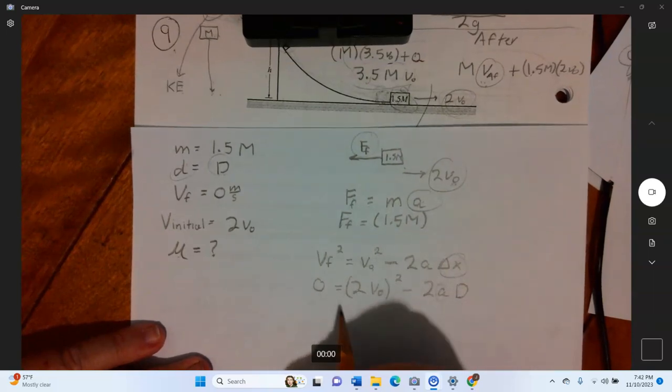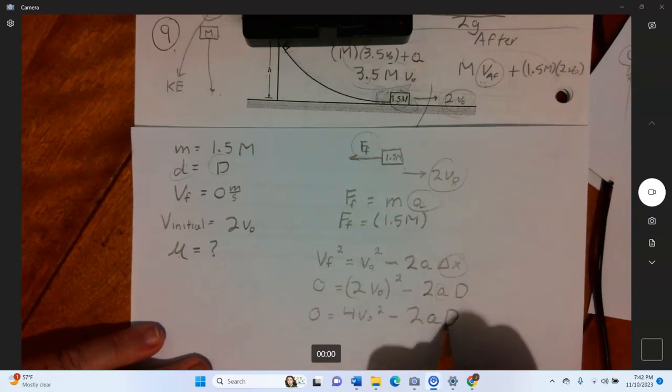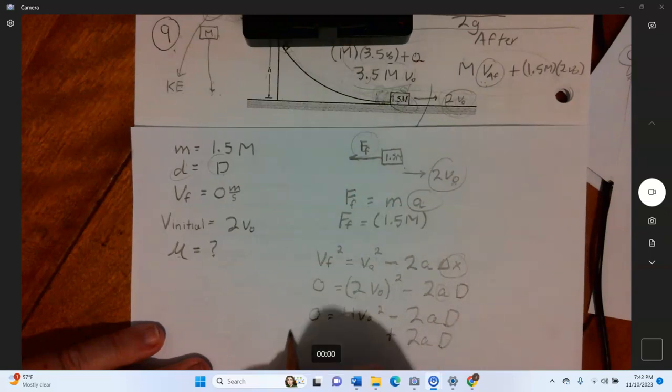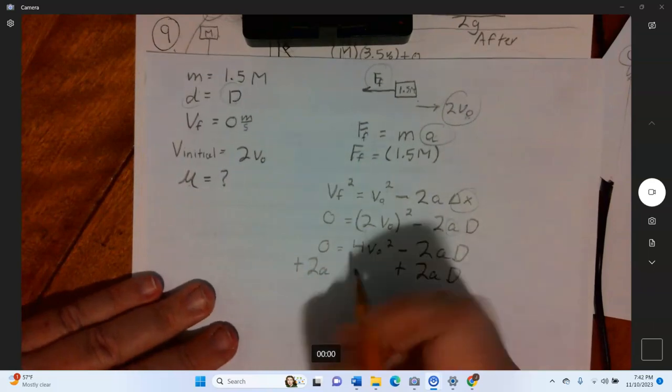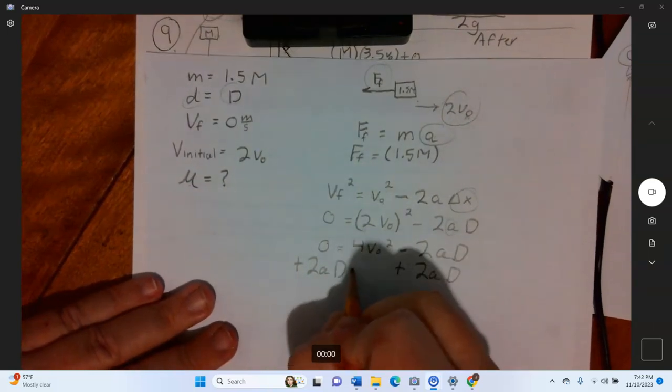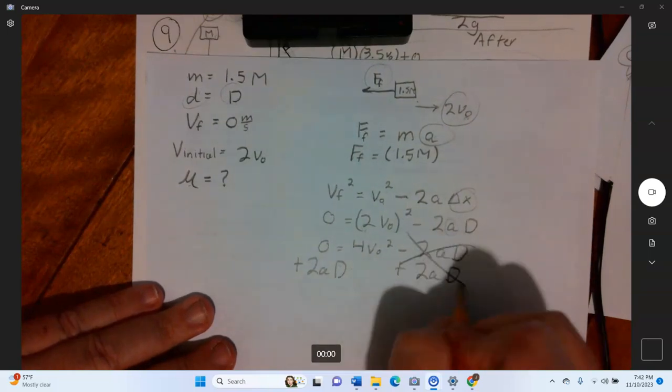So you square this first. 2 squared is 4. Don't forget, you have to square everything in there. VO squared minus 2AD. Now I'm going to add 2AD to both sides. Okay, and this one goes away.